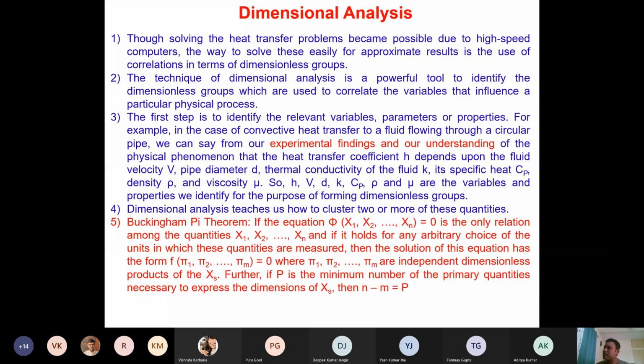So dimensional analysis is not completely a black box type of analysis. There is some physics involved in it, isn't it? Because when we say identify the relevant variables, identifying them comes not only from the physical principles but also from our experimental analysis, isn't it?